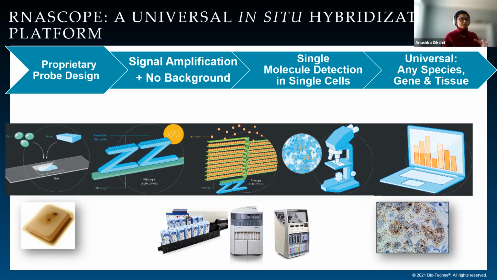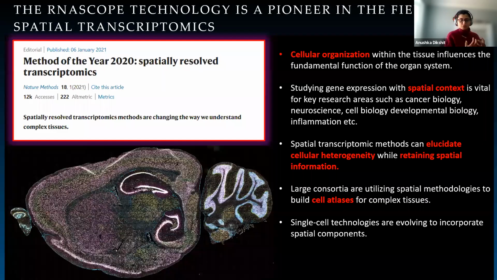So this group is not new to understanding the importance of spatial biology, but I see over the last few years, a lot of researchers in the biomedical field are recognizing the importance of spatial detection of target genes or proteins. And this is because cellular organization helps us understand the fundamental function of a tissue or organ system.